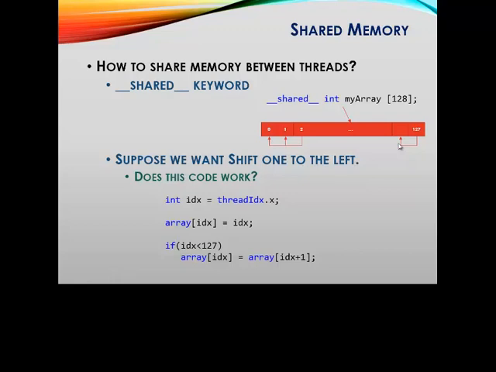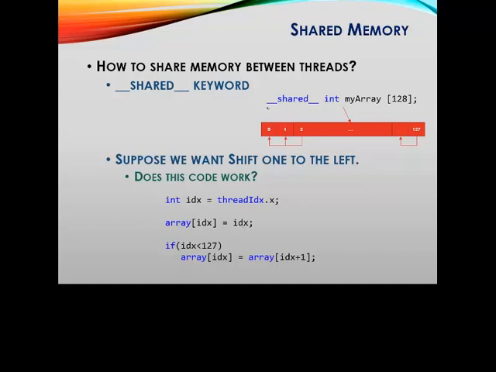So the first thing I'm going to do is create a shared memory with the shared keyword, int my_array. Then I'm going to ask each thread to write their own index into their own memory location. So I use the index i, and I say if index i is equal to threadIdx.x, then write into the array at location i the number i.